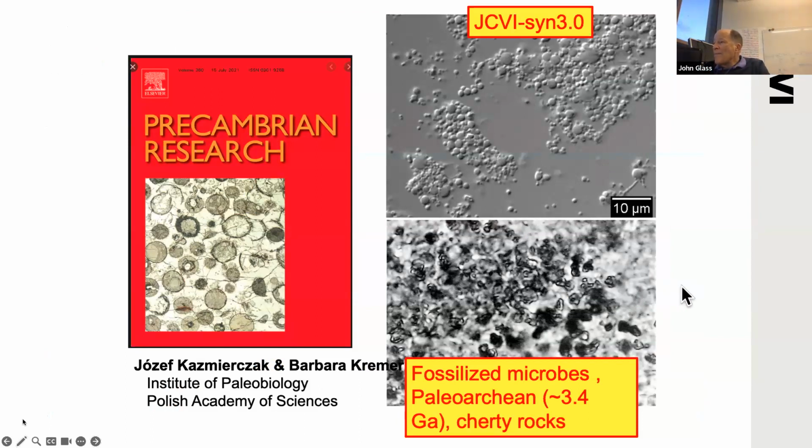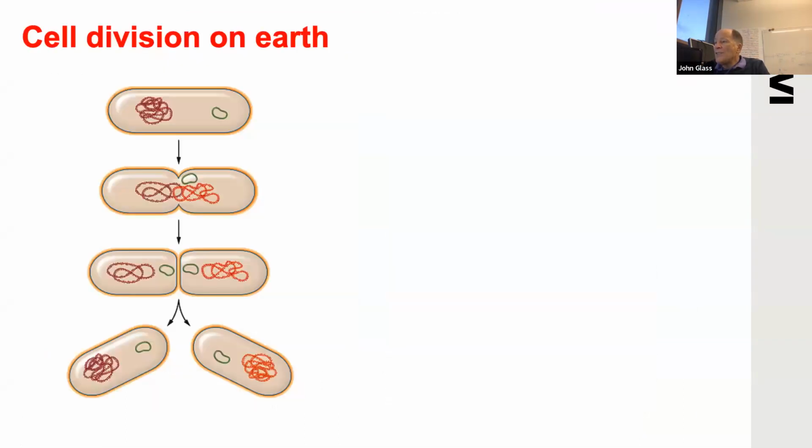Now, we realized that we hadn't intended to make a primordial cell, but what we may have done is make something that is the way life on Earth was before invention of all the cells that we know of on Earth practically. So all cells on Earth have FtsZ with a tiny number of exceptions.